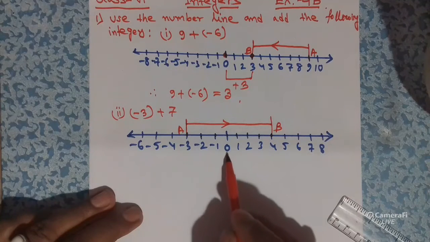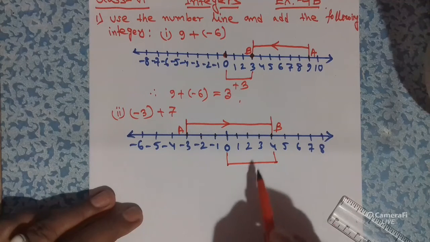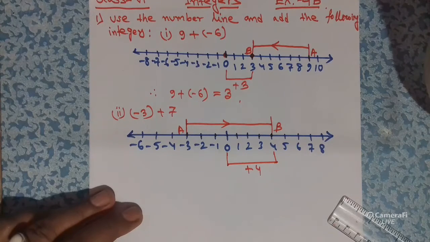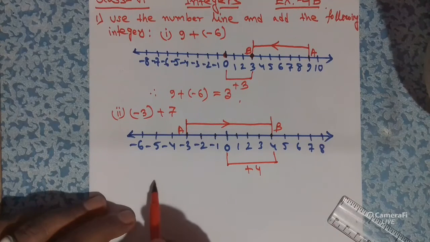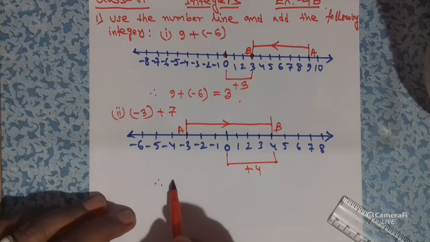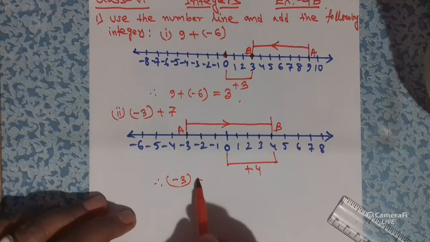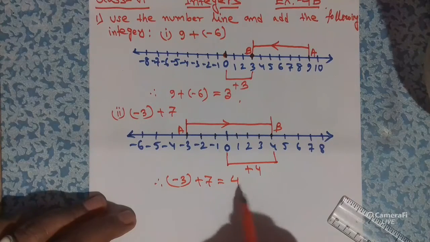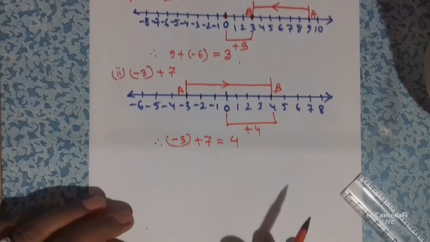Now from the starting point you are at B. So it is plus 4. How far from the starting point? 4 steps. So that means plus 4. Now you can write the answer: minus 3 plus 7 is equal to 4. Understood, students?